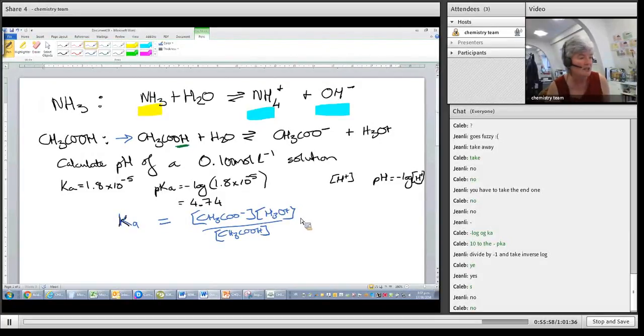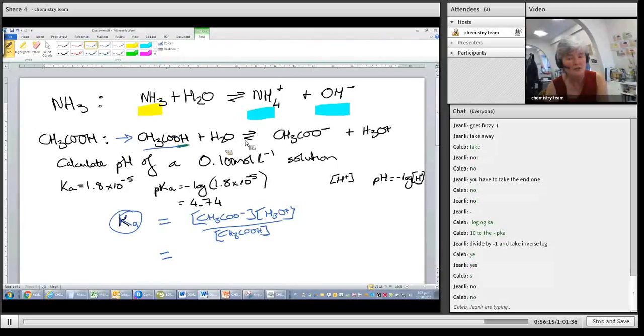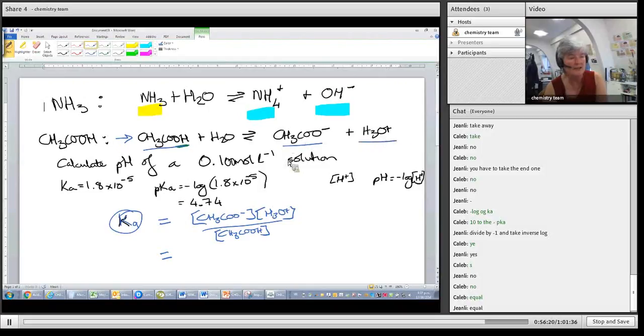So now we have to calculate this. For every one ethanoic acid that dissociates, am I going to get different amounts of those two, or am I going to get equal amounts of those two? Equal. So I can say here on the side, assume H3O plus is equal to CH3COO minus.